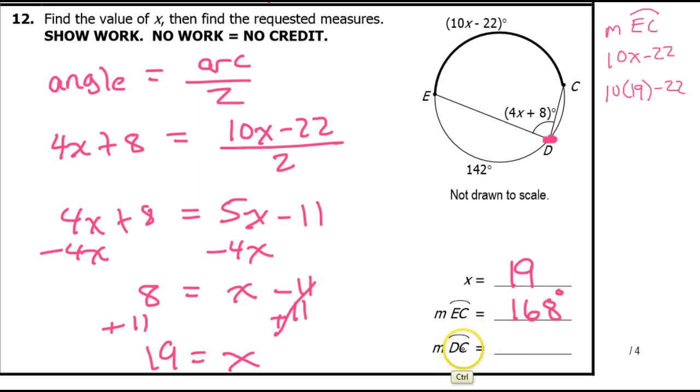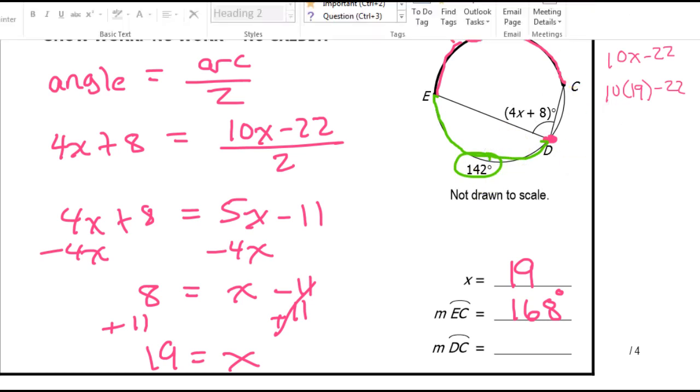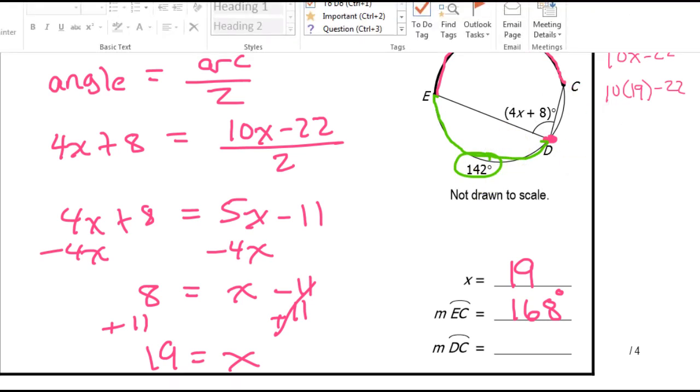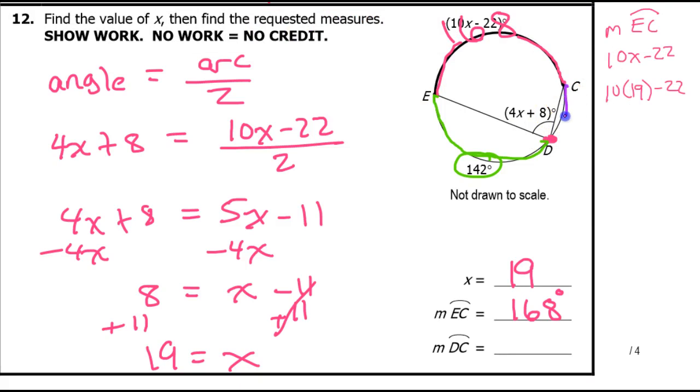Now how about the measure of arc DC? Well, I don't have to do any calculations like that again. Now that I know that this arc is 168, and this arc given to me, arc ED, is 142, that leaves only this arc remaining.